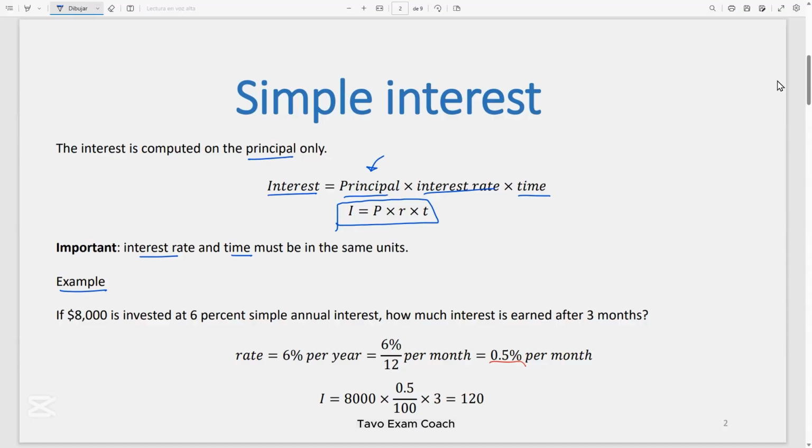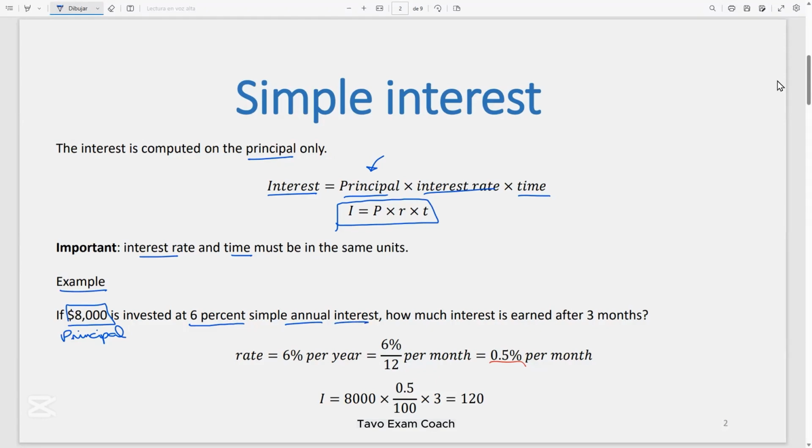Let's identify our terms in this simple interest calculation situation. First, the principal, that is the investment amount, is $8,000. What about the interest rate? It is 6% annual interest.